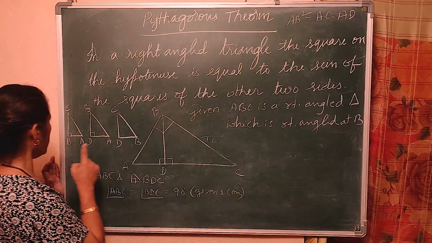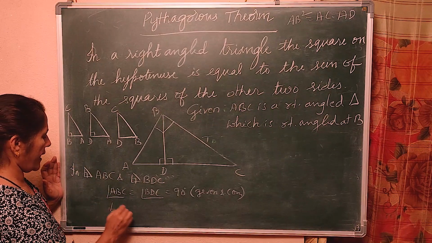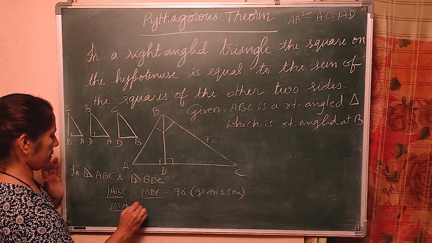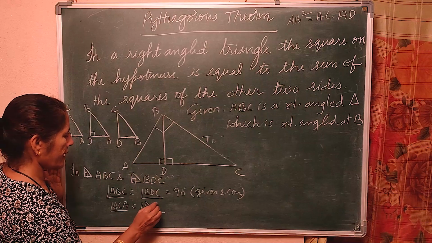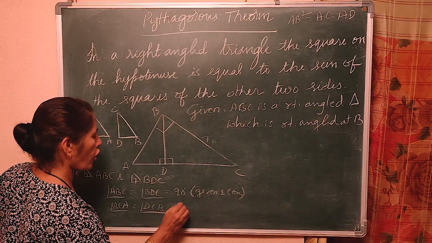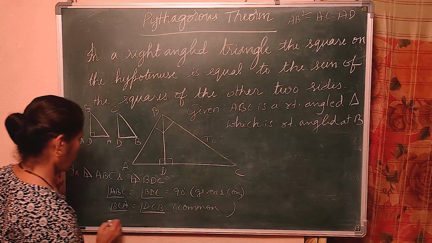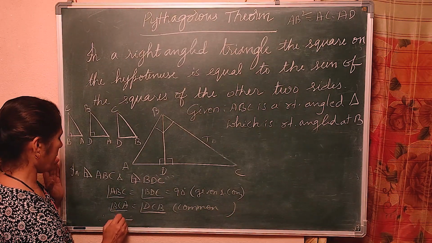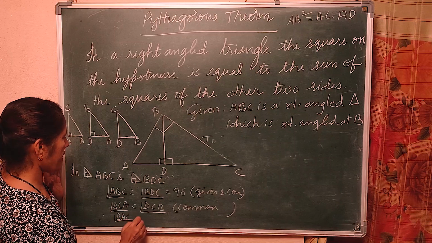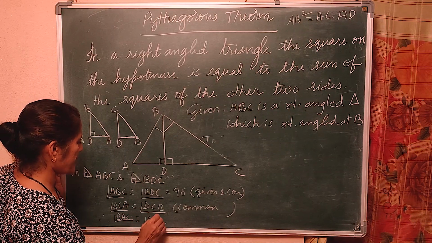Second one, angle BCA is equal to angle DCB. Why? Common angle. Therefore, angle BAC is equal to angle DBC. Why?